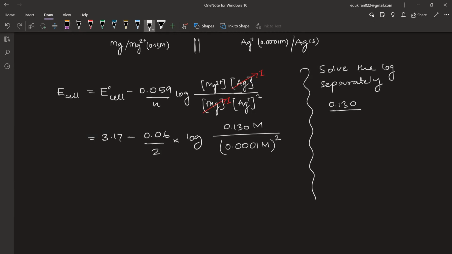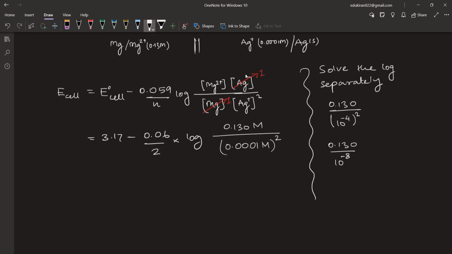0.130 divided by 0.0001, and I can write 0.0001 as 10 to the power minus 4, squared. Is that right? Yes. Next, I can write this as 0.130 divided by 10 to the power minus 8.